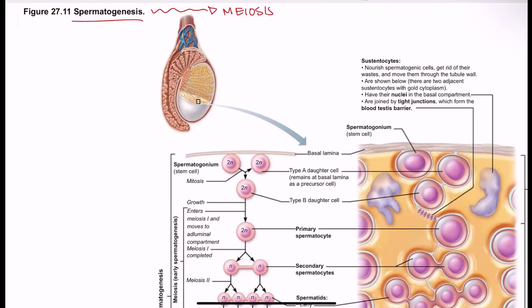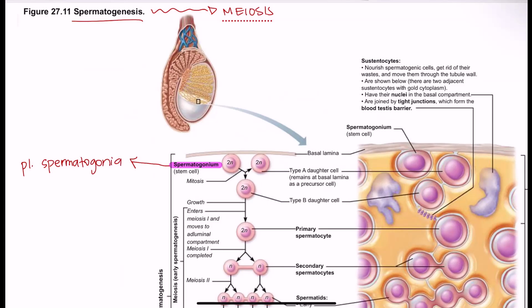Remember that the process of meiosis starts with a diploid cell of 2 copies of a chromosome, and that cell type that males have are called spermatogonia. This is labeled spermatogonium because that's the singular, but the plural is spermatogonia.